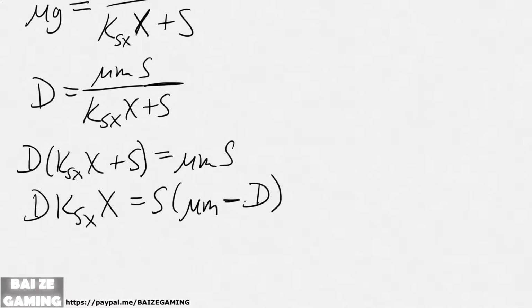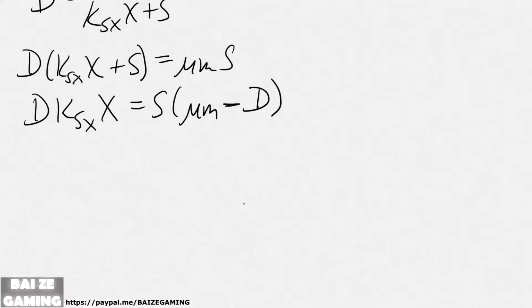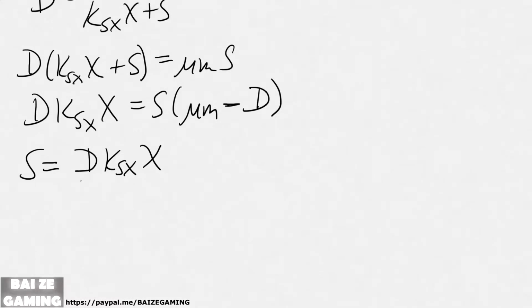That'll be minus D. And yeah, we just divide, so then we'll have a nice equation in terms of X. It's not the best. Usually you don't want S and X in terms of each other, but the equation is just too long and annoying to deal with.